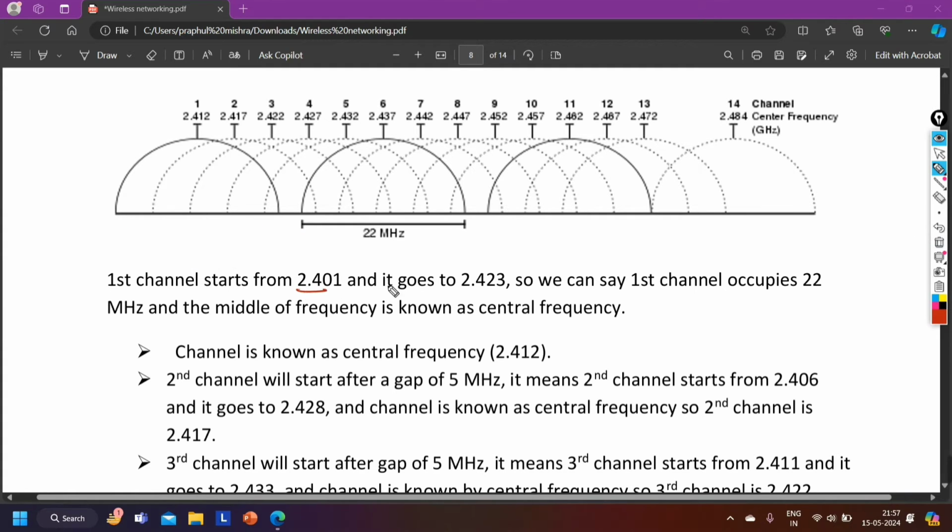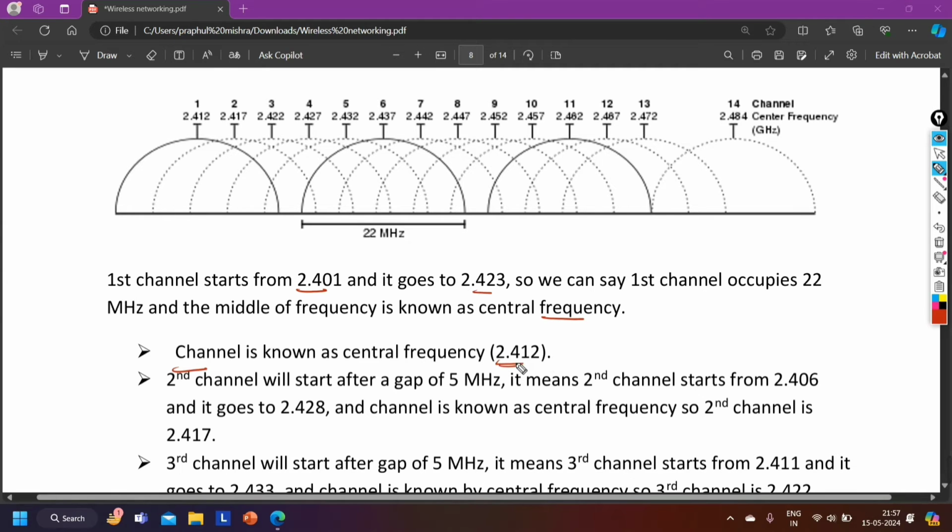Okay guys, so you can read the point. First channel starts from this and it goes to this. So we can say first channel occupies 22 megahertz and the middle frequency is known as central frequency, and channel is known as central frequency only. So channel number 1 is 2.412, right?